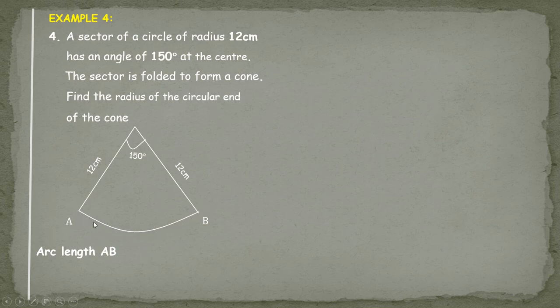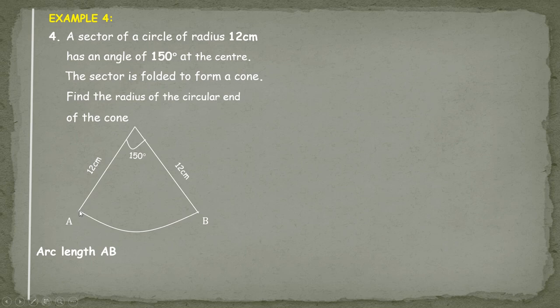This arc length AB, once you fold, will now be the circumference of the base of the cone, the circumference of the circular end of the cone.